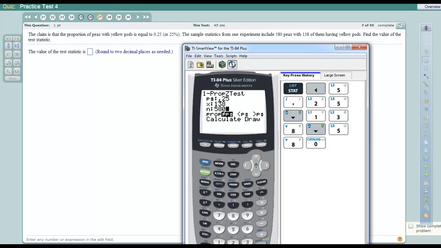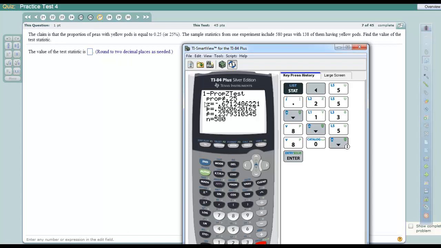When it comes to the test statistic, it doesn't even matter about the alternative hypothesis. The test statistic is when we take p hat minus p divided by the square root of p q over n. We're just getting the calculator to do all of that for us. And so this is my test statistic, this z value, negative 0.67. And that's what we would compare to the critical values.